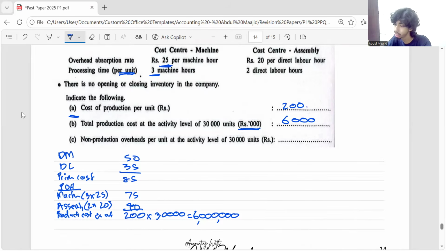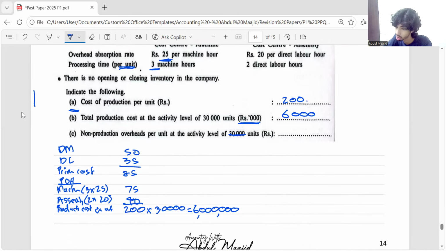D. Non-production overhead per unit at activity level of 30,000. How do you find that? Sales minus cost of sale will give you your gross profit.